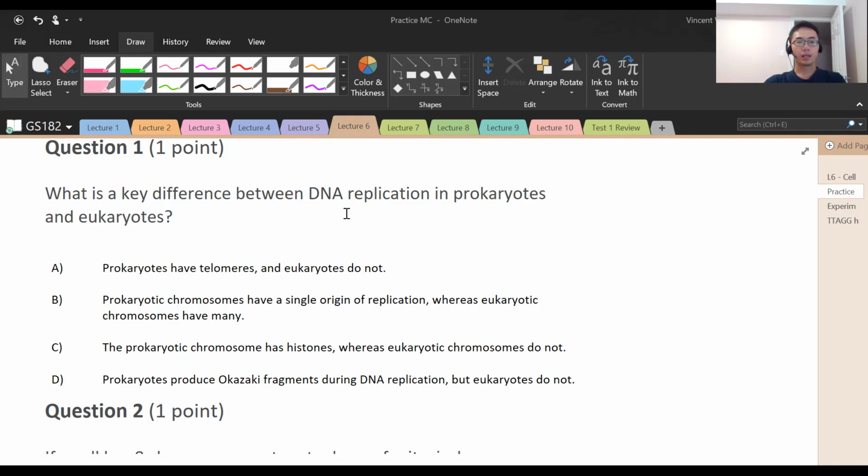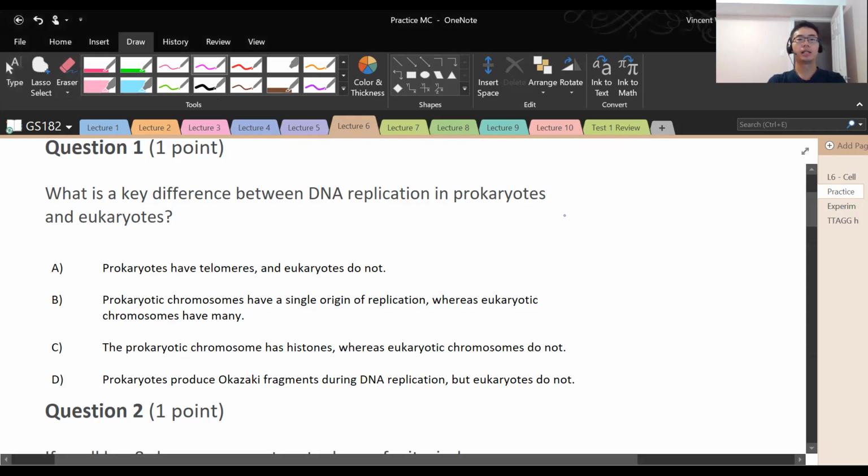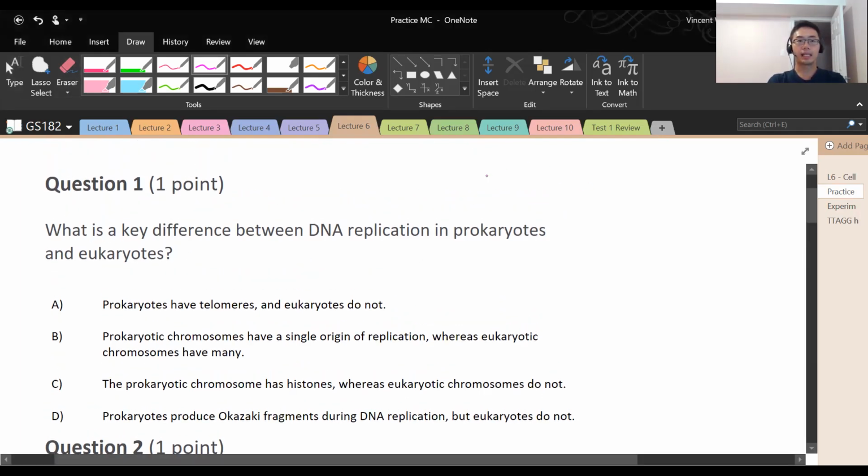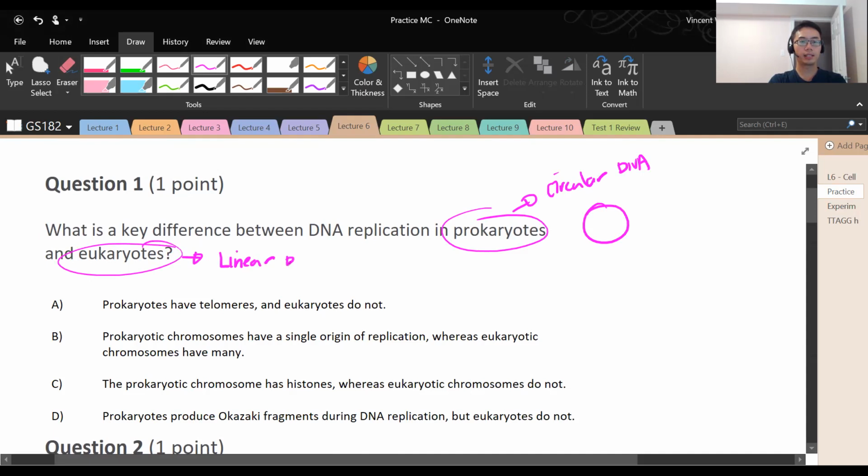Okay. So prokaryotes are like bacteria, right? And eukaryotes are like us. The main difference between prokaryotes and eukaryotes in terms of DNA is that prokaryotes have circular DNA, so it comes in a ring, and eukaryotes have linear DNA.